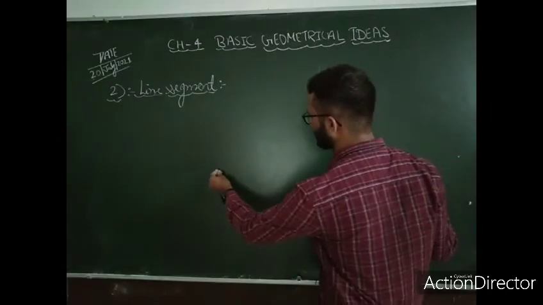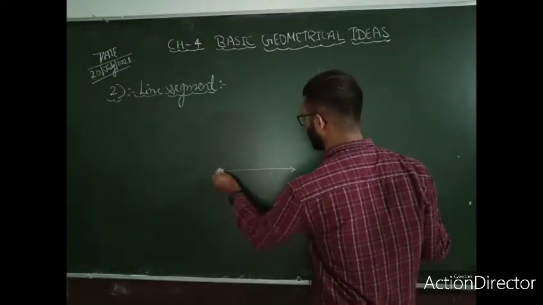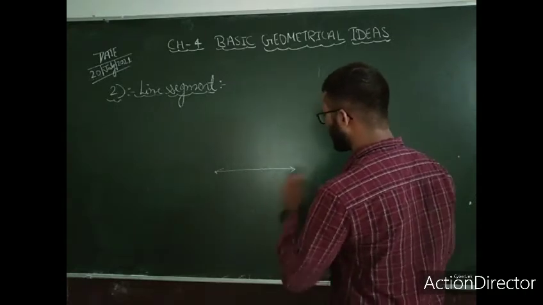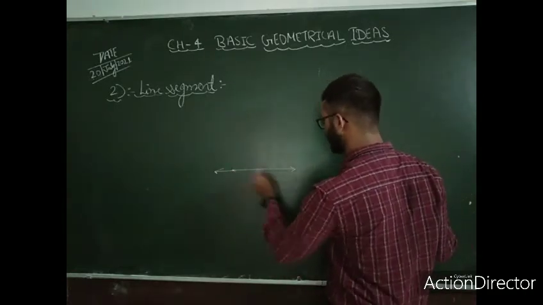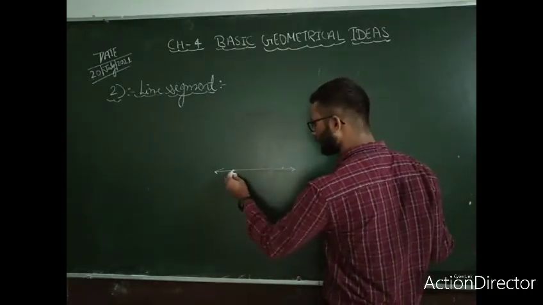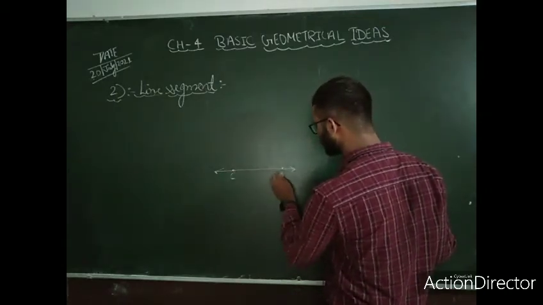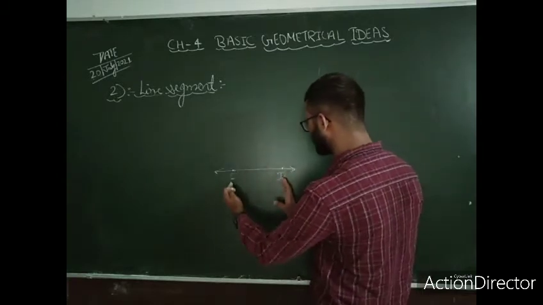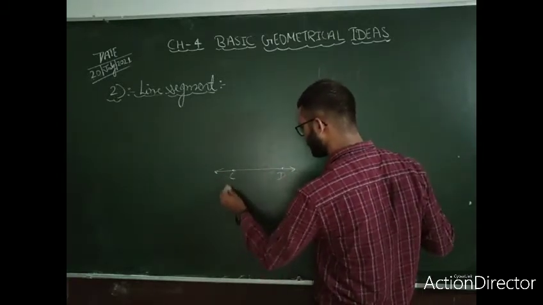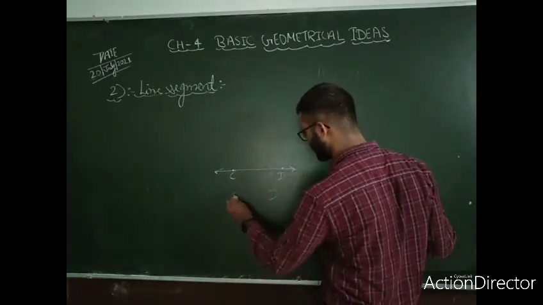Draw a line here, because you know that a line extends in both directions. If we take this part of this line, make 2 points on it and give them the names C and D, then we take this part CD of the line.